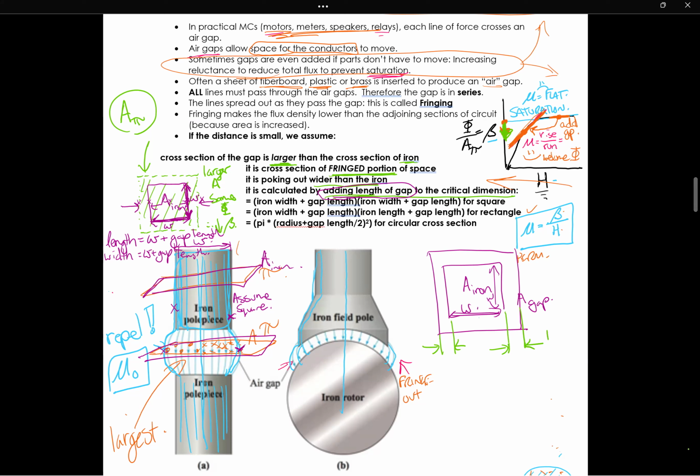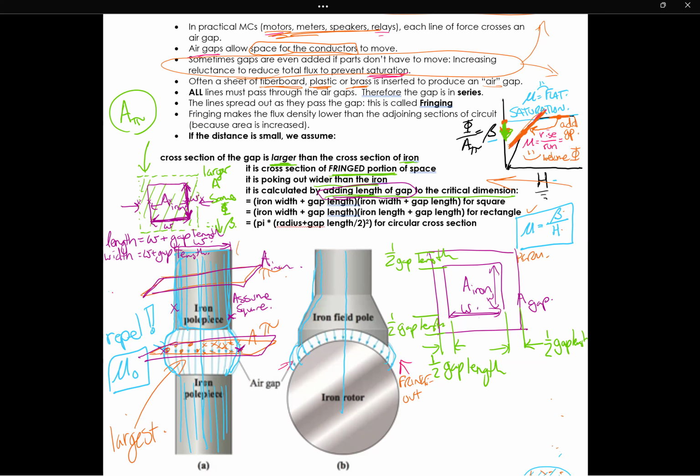So this is 1/2 gap length, and this is 1/2 gap length. Similarly, this is 1/2 gap length, and this is 1/2 gap length.